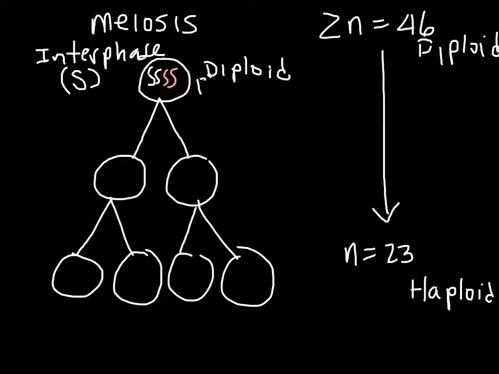Now, prophase, metaphase, anaphase, and telophase. We go through a second round of division, but this time, there's no interphase. And if there's no interphase, there's no S phase, which I'll just abbreviate with NS.